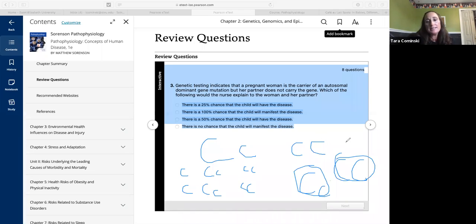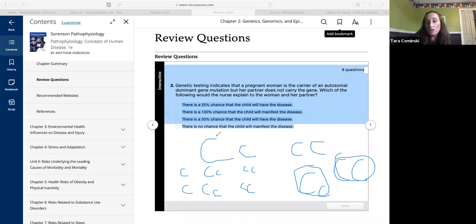In this case, the diseased allele, because it's autosomal dominant, is the dominant allele, right? So if we use the term carrier and we talked about an autosomal recessive disorder, it would be the same thing. This is still the same genotype, this heterozygous genotype. But for an autosomal recessive disorder, a person with this heterozygous genotype would not have the disease because the disease allele is the recessive allele.